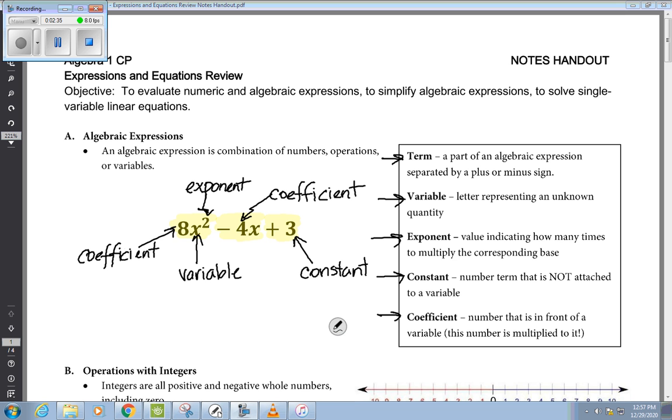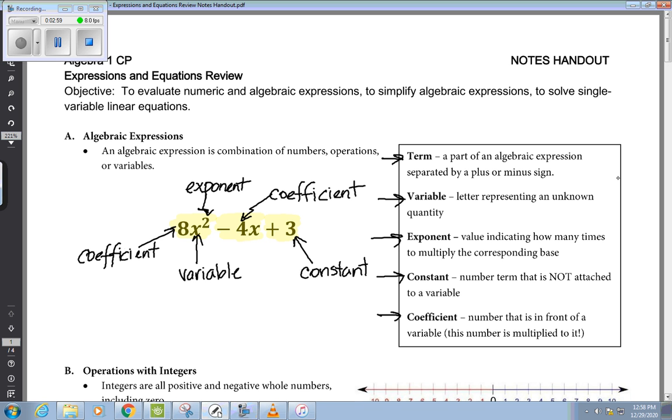Now keep in mind, since that 4 has a minus sign in front of it, that would be read as negative 4. So the 8 is a positive 8, the 4 is a negative 4. Remember, when you have a number, you always take the sign that's in front of it. So again, that's a quick recap of the basics of an algebraic expression.